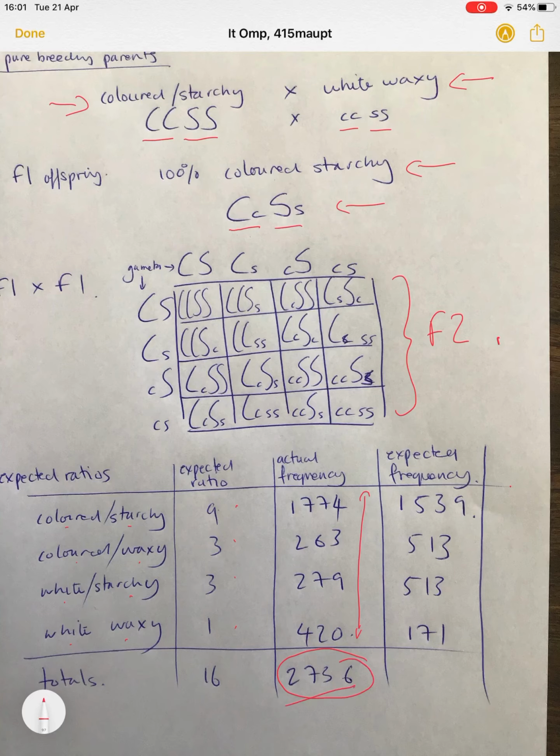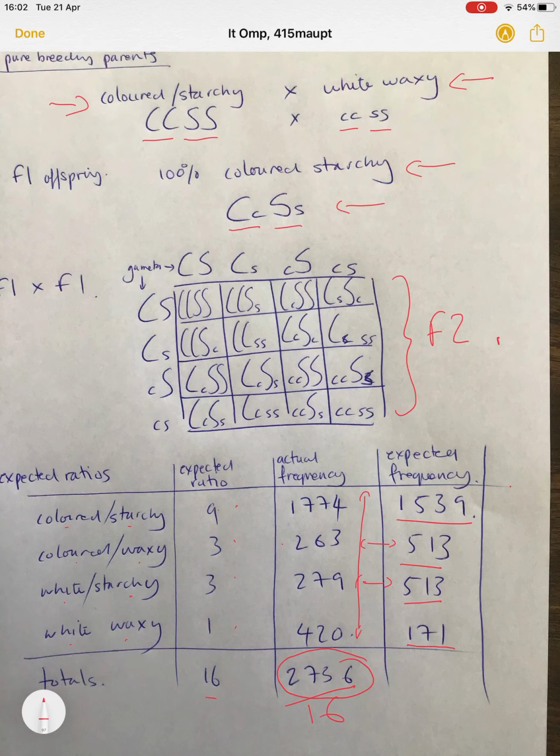If we divide that by the number of different phenotype categories, so here we got 16, we end up with 171. So we would have expected the numbers 171, 513, because that's 171 times 3, 513 here, and 1539 here. And we can see very clearly that they do not fit. They're very, very different, especially these ones. There's far fewer of these than we would expect.